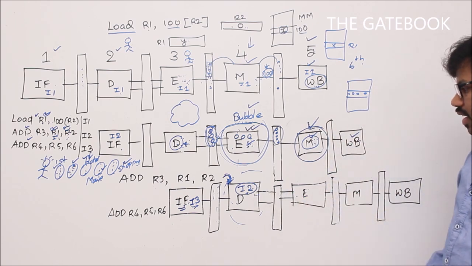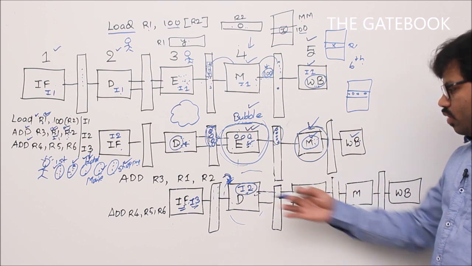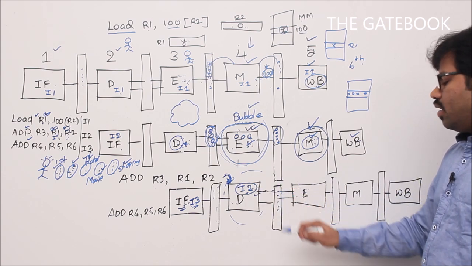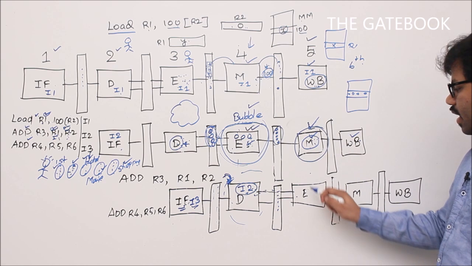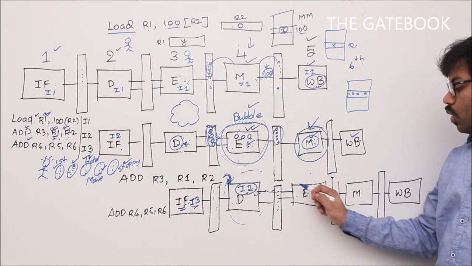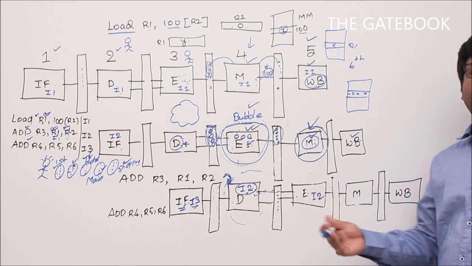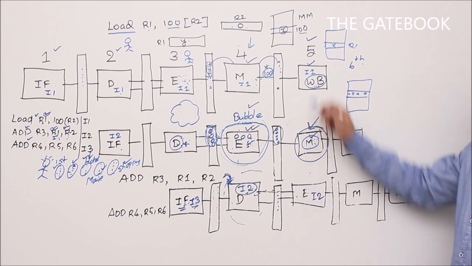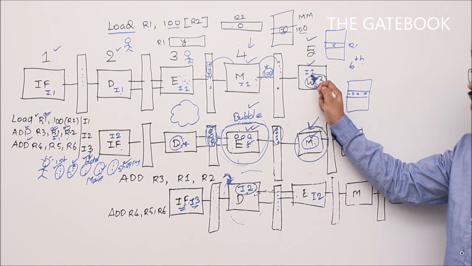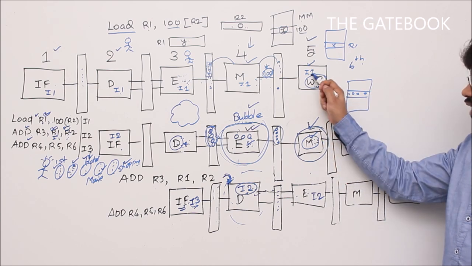Okay, now let us continue. I2 is decoded, right? Now this time you continue normally, don't disturb anything, so that I2 will be properly executed. In this fifth clock cycle I2 will be executed. This time don't send dummy signals. If you send dummy signals again, I2 will not do anything again, right? Now if you focus on the fifth clock cycle, let us revise. I1 is getting write back.